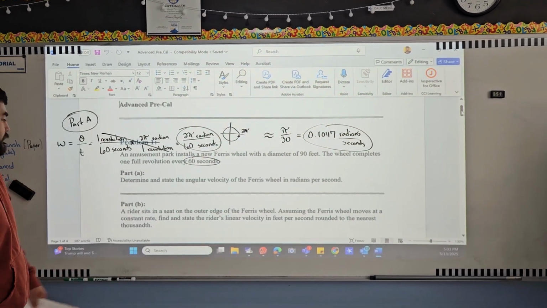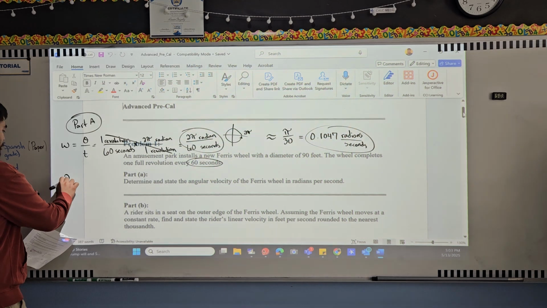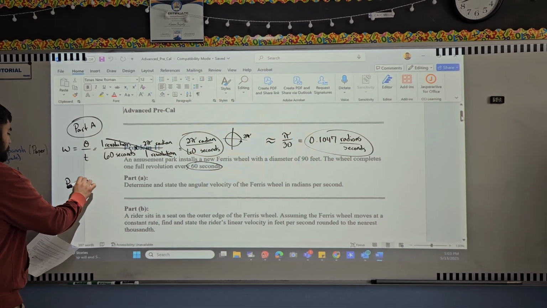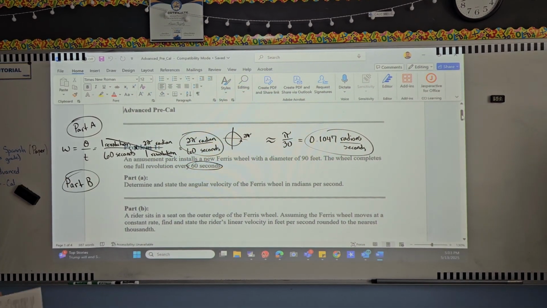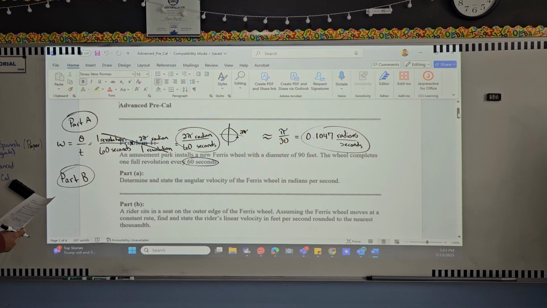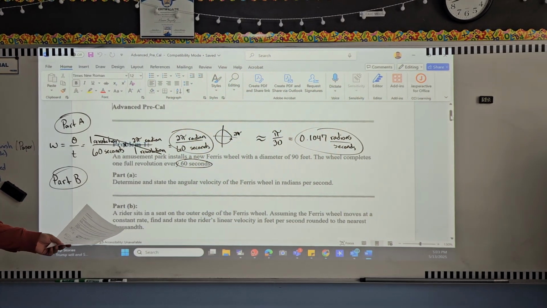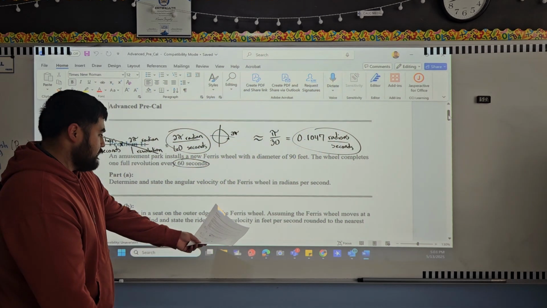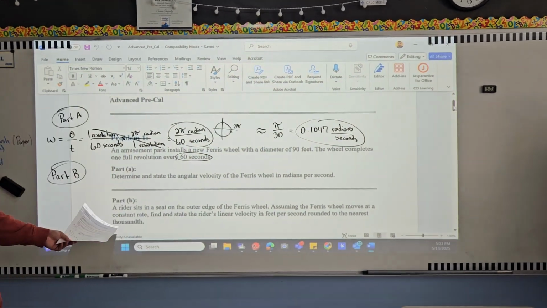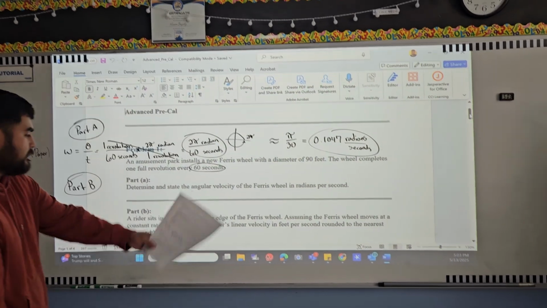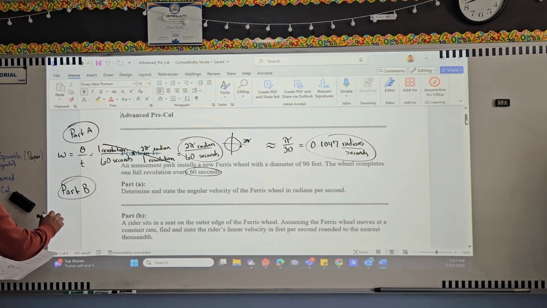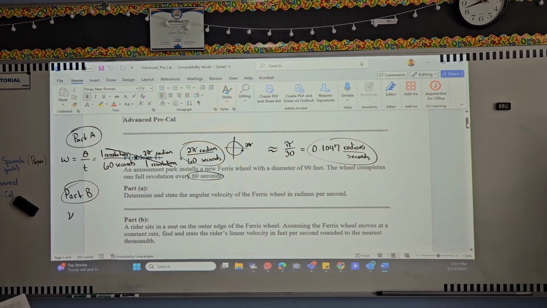What about part B? So for part B, which is over here, right? All you're doing is now saying, find the, where is it? Assuming the Ferris wheel moves at a constant rate, find and state the rider's linear velocity, right? So linear velocity is gonna be, well, this, right?